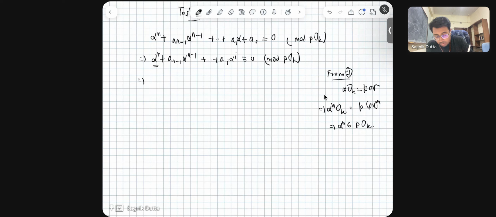So you can further remove this term, and in fact what you can do is you multiply this entire equation by, let's say, so you can remove this term also, because this is divisible by this.